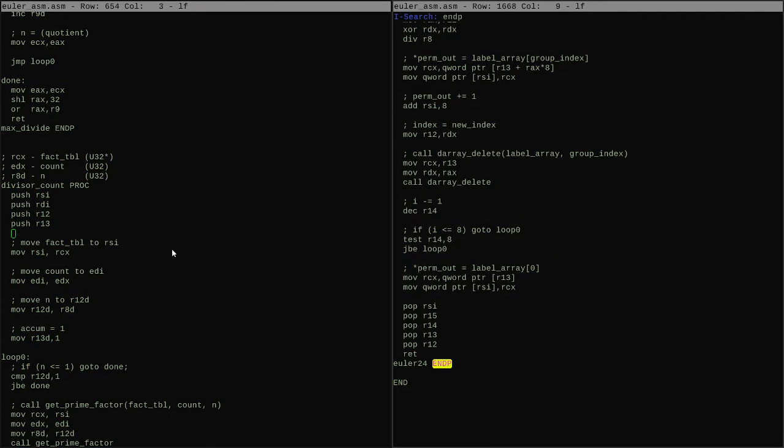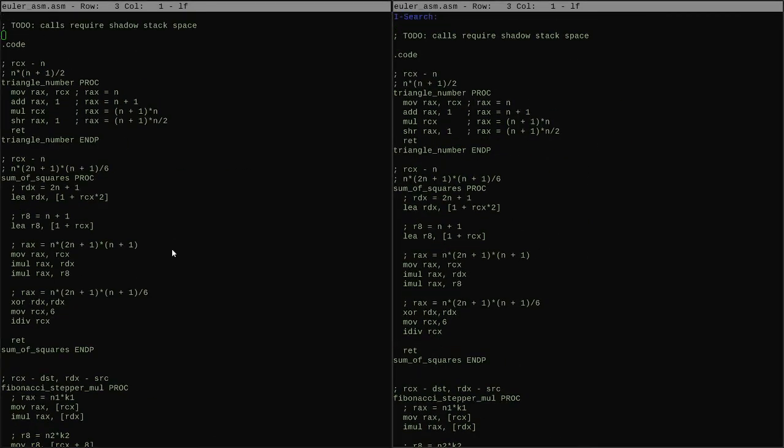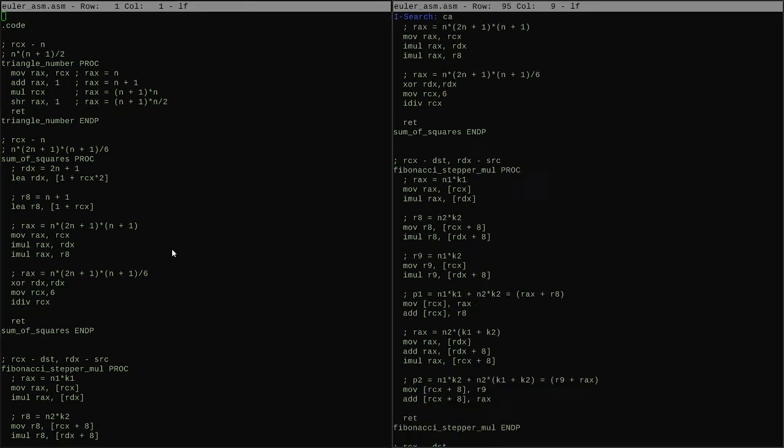I figured out what I was doing there stylistically. Okay, so there we go. Now we need to deal with this. Anywhere where I wrote a call instruction, I did it wrong. So let's go fix that.